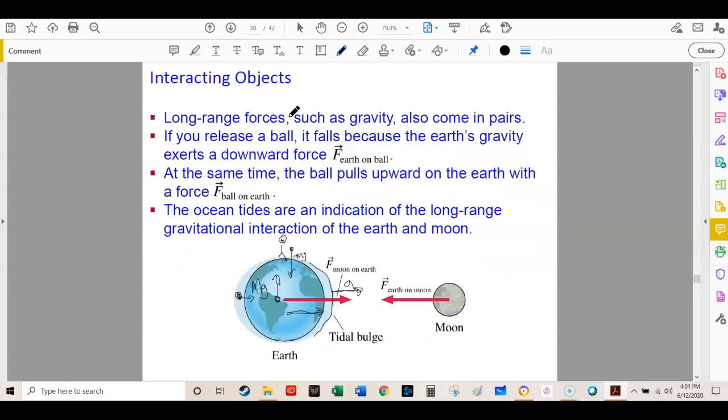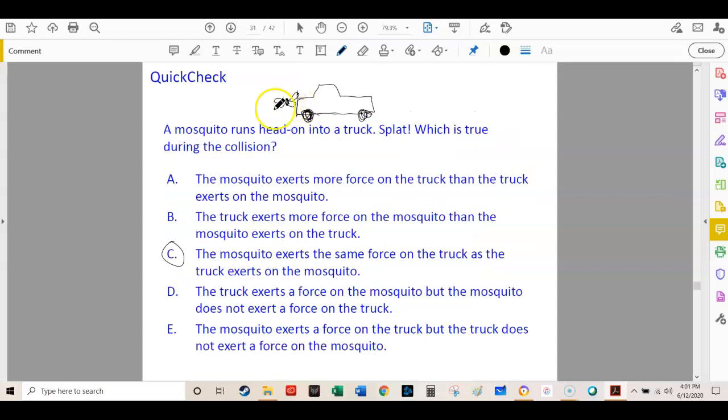So at this moment that they're in contact with each other, the mosquito is feeling the truck on its right-hand side, pushing it to the left. So this is the force of the truck on the mosquito, which is to the left. And the truck is going to feel a force on it to the right, the same amount, and this is the force of the mosquito acting on the truck, and it's to the right. So they are equal and opposite, and that's the force pair.